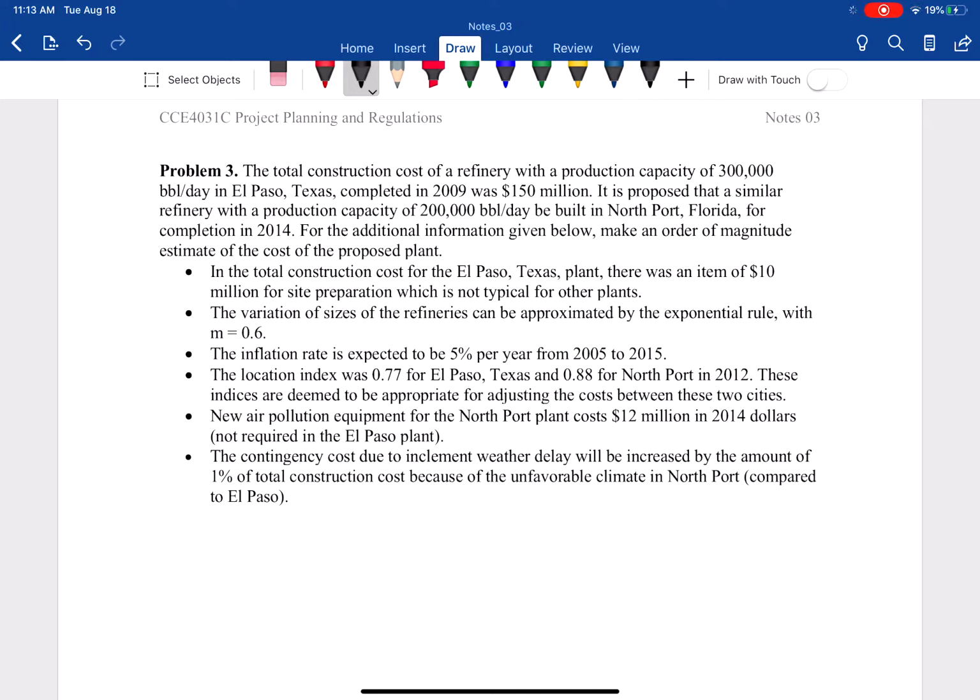It's proposed that a similar refinery, with similar process and capacity of 200,000 barrels per day, so it's less capacity, 66% compared to the reference historical project in Texas, be built in Northport, Florida, for completion in 2014. With the additional information below, make an order of magnitude estimate.